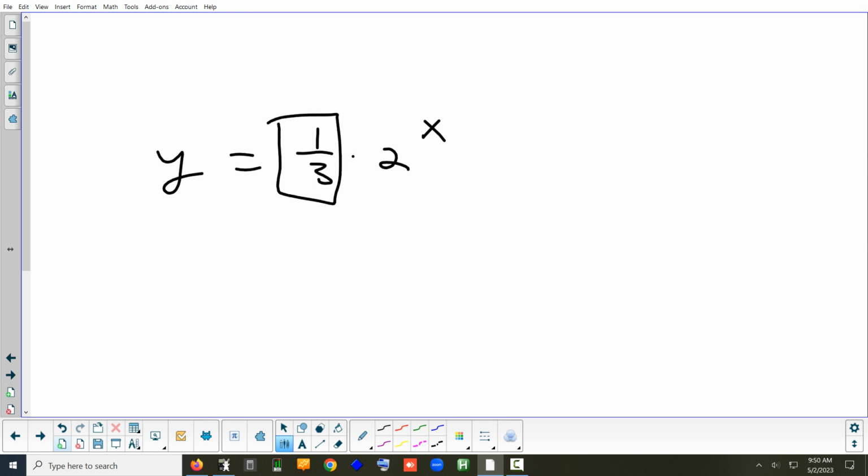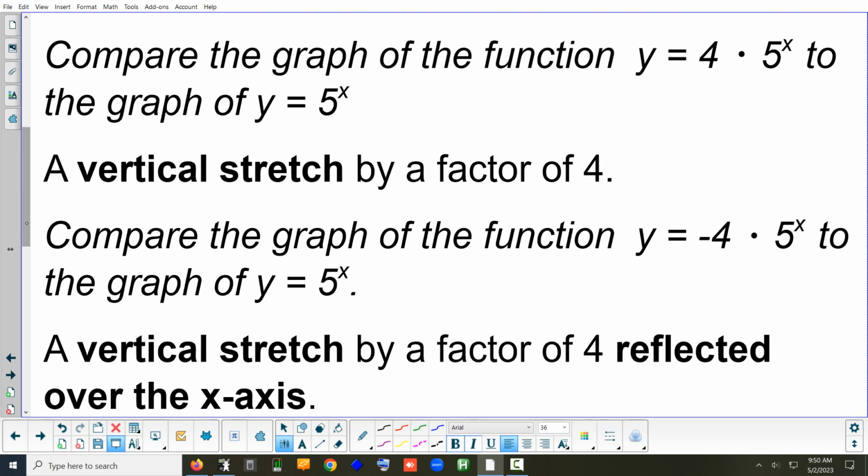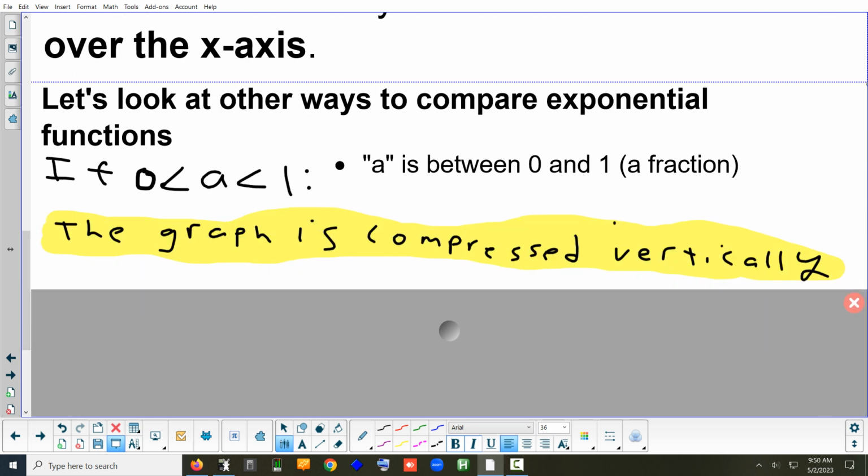Well, when the number was bigger than 1, it caused the graph to stretch. If the number is a decimal between 0 and 1, it's going to cause the graph to compress. So it's like it's going to squish it. So instead of stretching it, it's going to squish it.